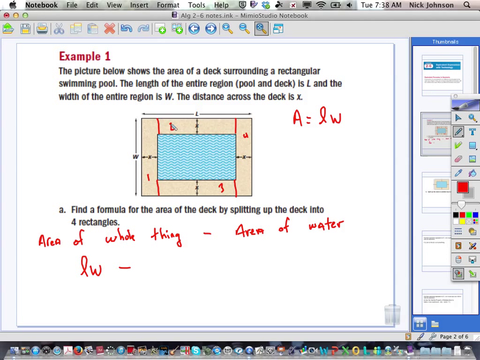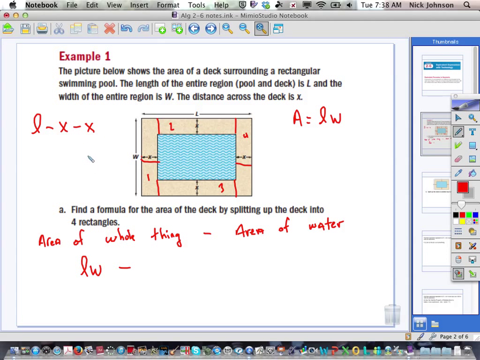Well, let's find out this distance right here, from here to here. If this whole distance is L, that means I've got to take L and subtract one distance X and another distance X. So I subtract x and subtract x.